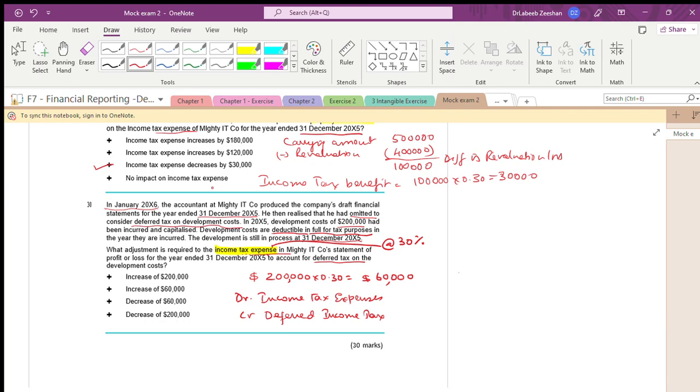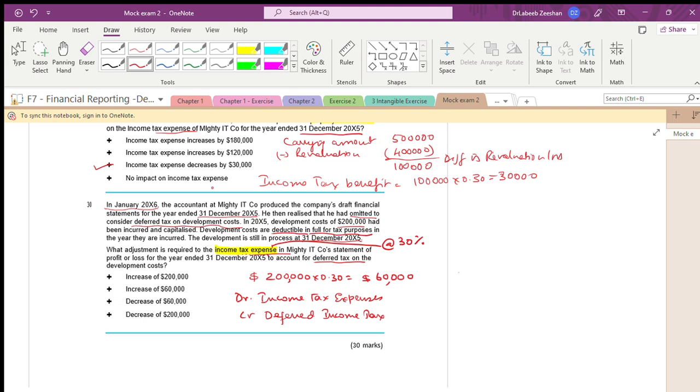He has missed it. Is it right? It is an error of omission. He has omitted the 200,000. Means on 200,000 he has not calculated the tax. Now he has realized that on 200,000 he has to calculate the tax.